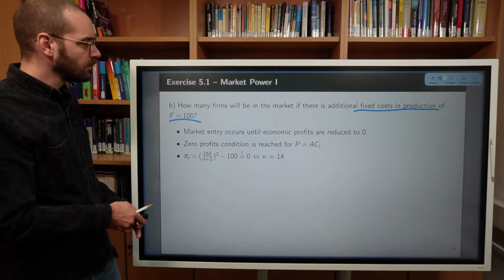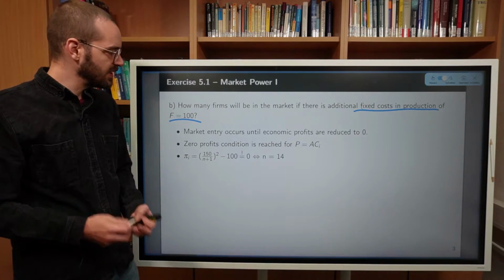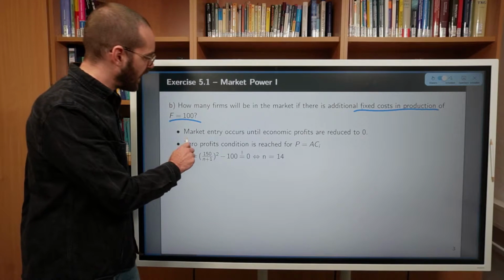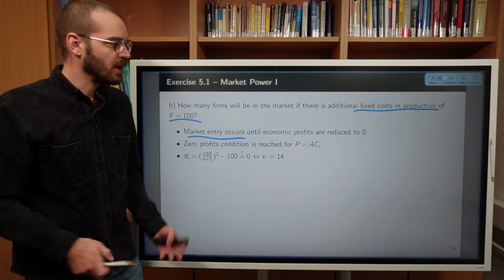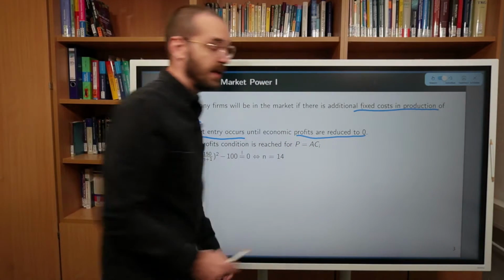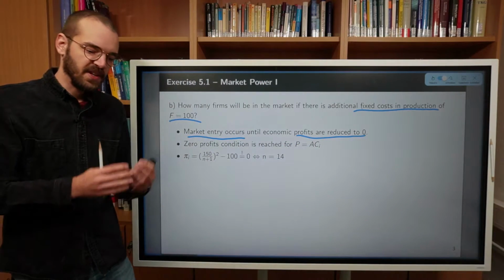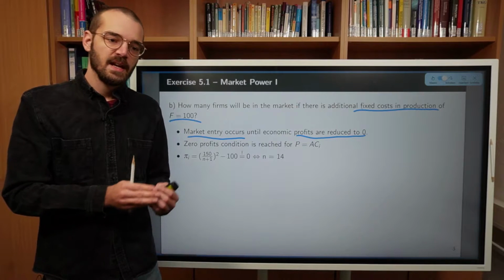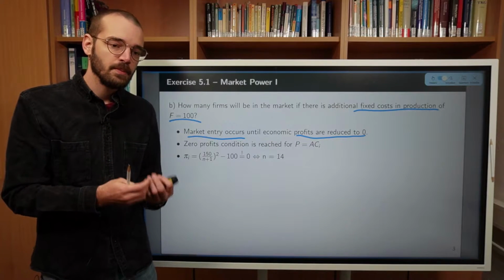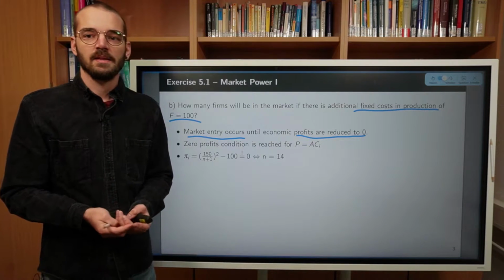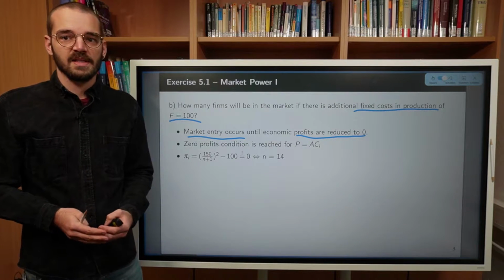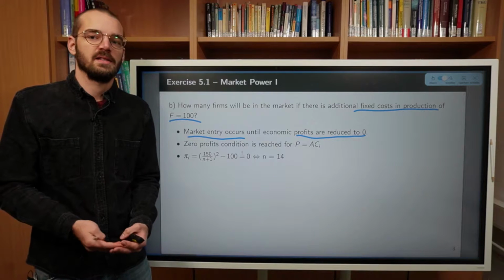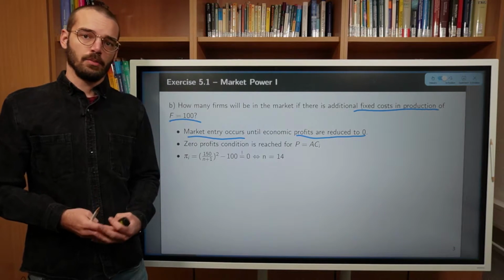Well, conceptually, we first need to realize that market entry occurs in these models until economic profits are reduced to zero. All right. So the calculus of the firm really is, as long as the firm can expect non-zero profits or even positive profits, a firm will enter the market and realize these non-zero profits.